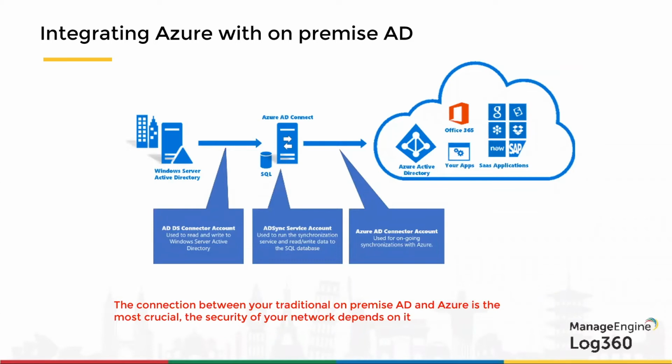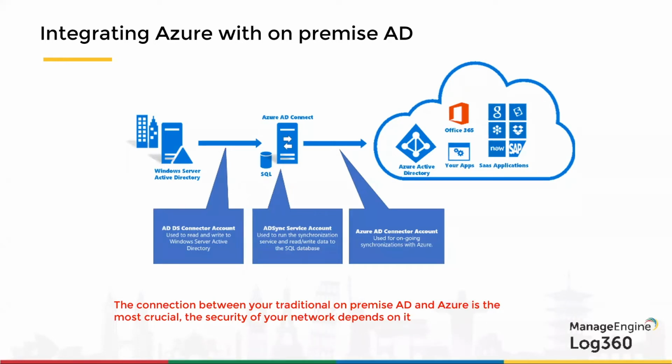You've got Windows Server Active Directory, SQL, and Azure AD Connect Server, and from there, touching cloud, which could be Azure AD, Office 365, or any other SaaS application. You've got three fundamental things to worry about: the ADDS connector account, the AD Sync Service account, and the Azure AD connector account. So the connection between your traditional on-premise AD and Azure is most crucial.